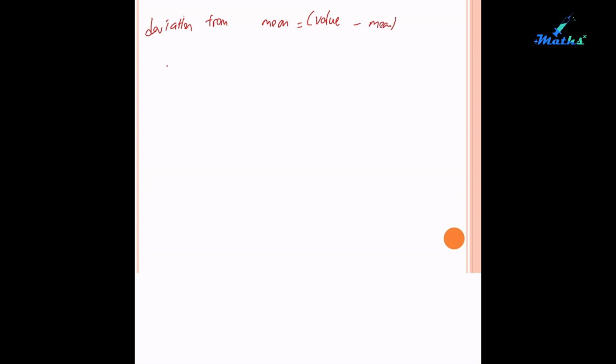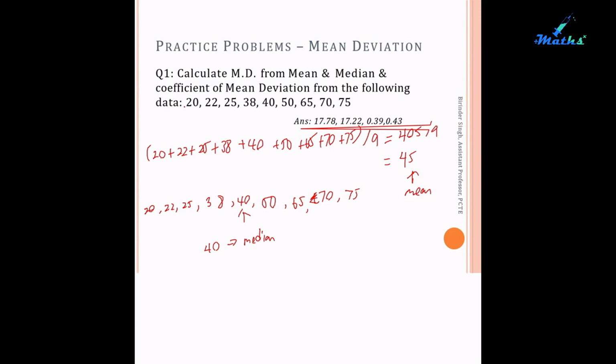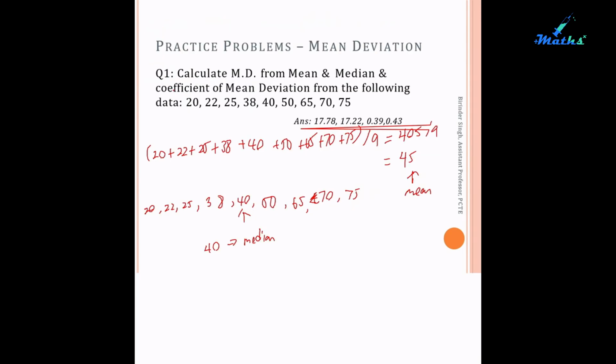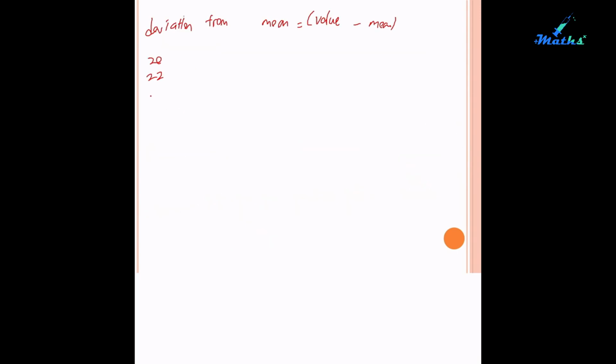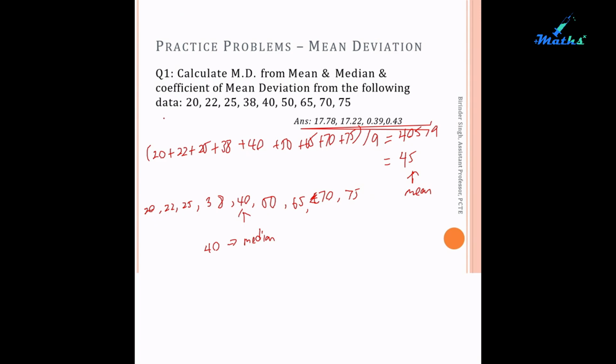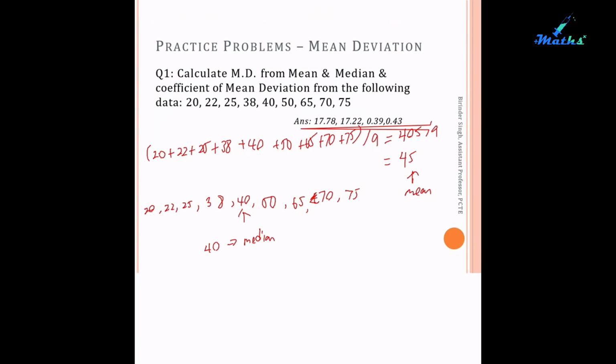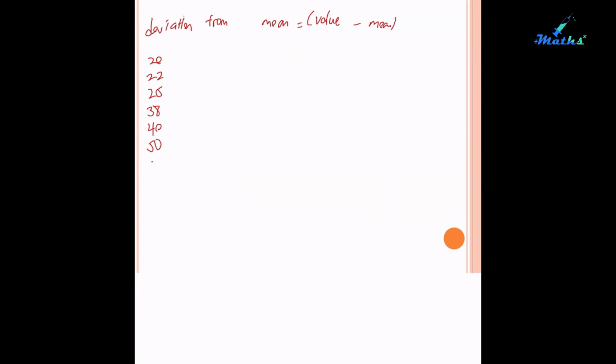So we need to write down our values. Our values are 20, 22, 25, 38, 40, 50, 65, 70, and 75.